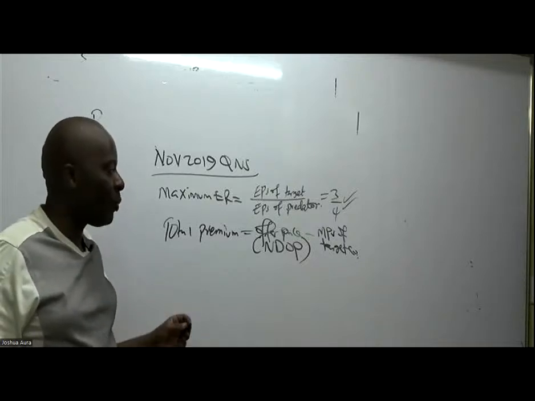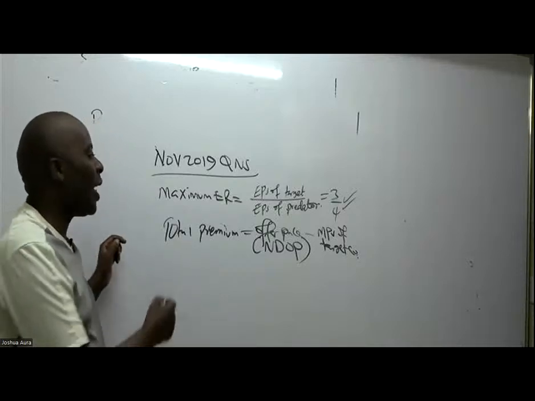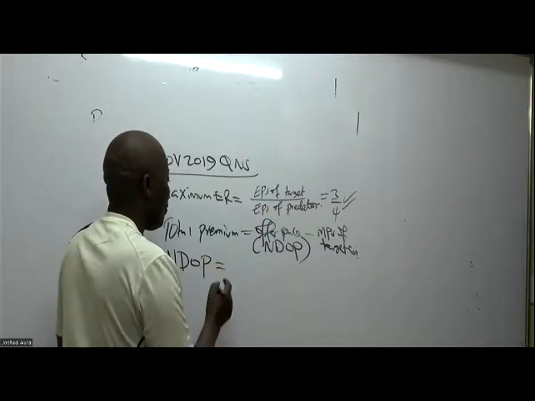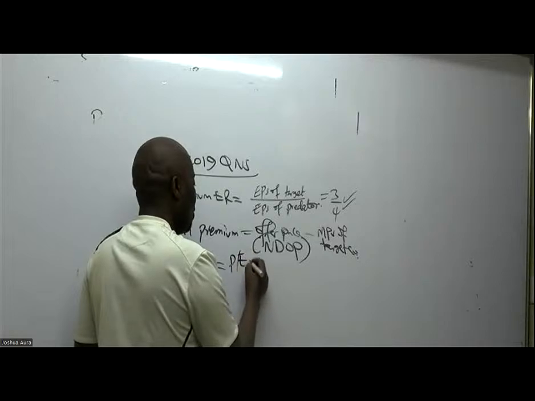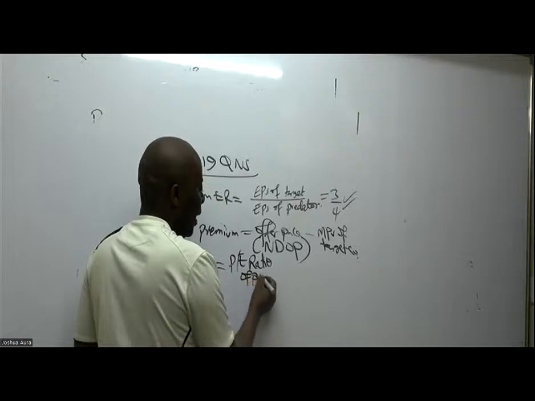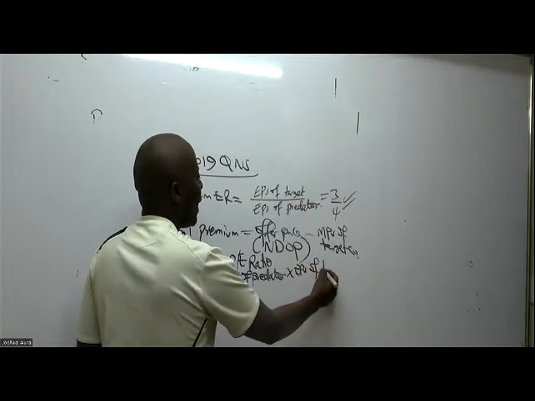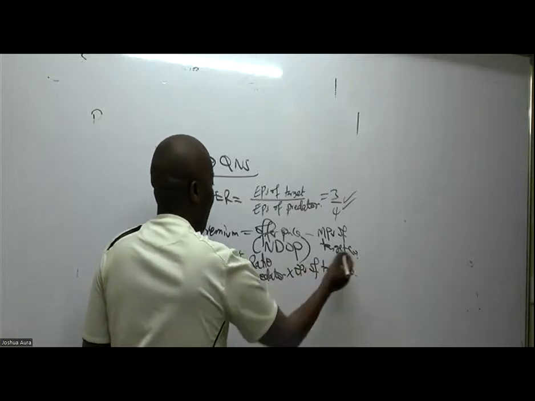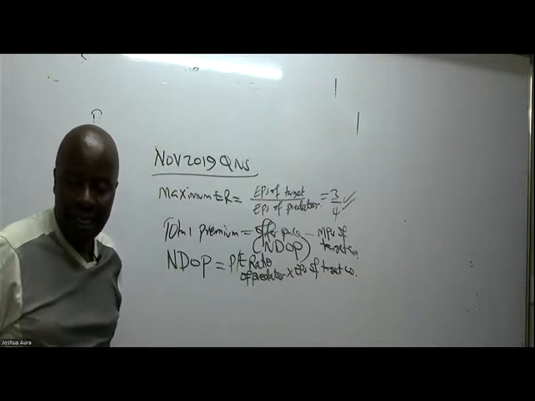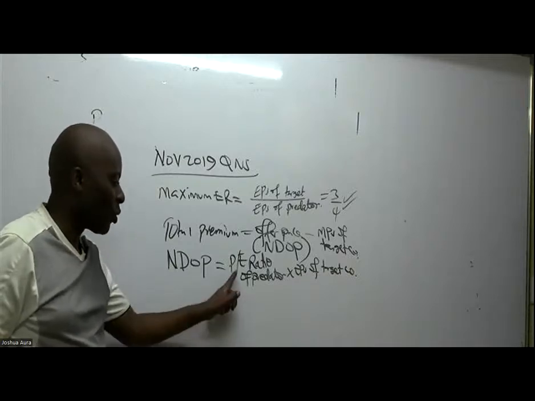So in this case here, we have offer price, which is the non-diluting offer price. And how do we get this non-diluting offer price? We take the PE ratio of predator times EPS of the targeted company. I went and broke this down further.